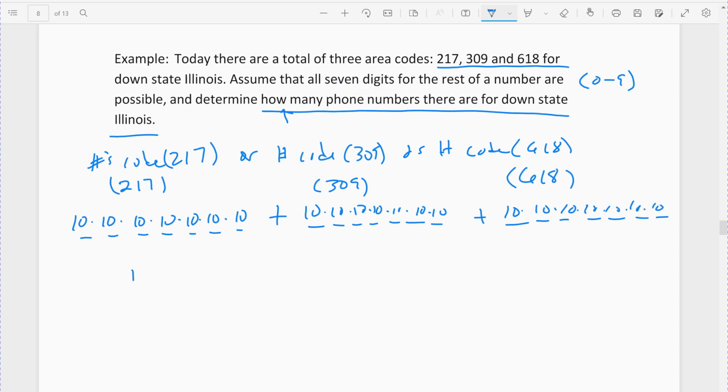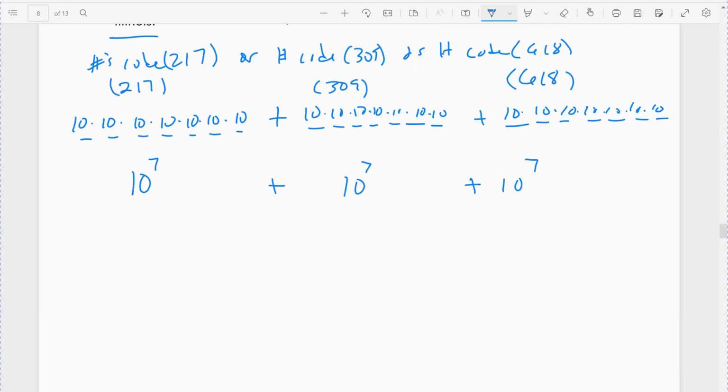So 10 times 10, 7 times. So for each area code, there's 10 to the 7th. Remember what this means? That means 10 million, right? 10 million for each of them.